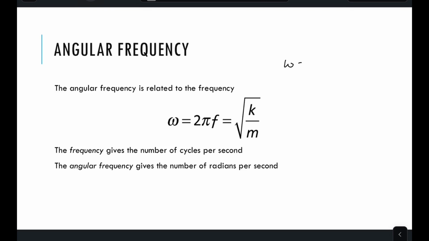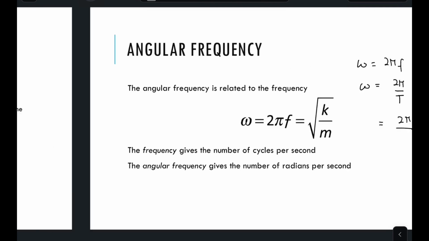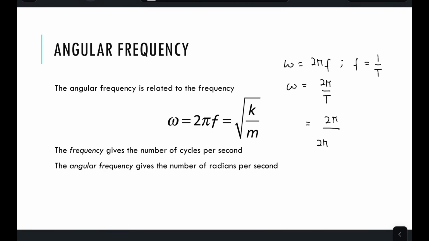Omega is 2 pi f, and f is 1 over period. Therefore omega is 2 pi over T, or 2 pi over 2 pi square root m over k. You can cancel out the 2 pi, then we have square root k over m. This is specifically for the mass spring system.